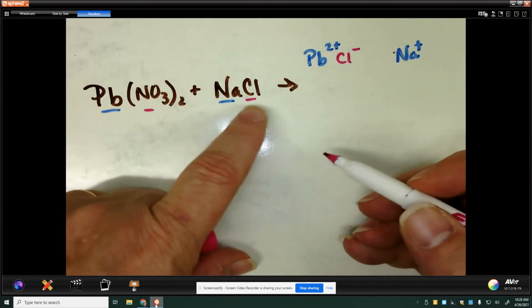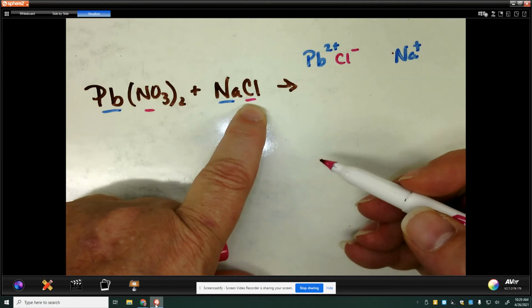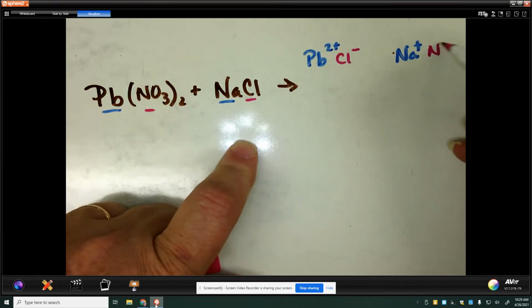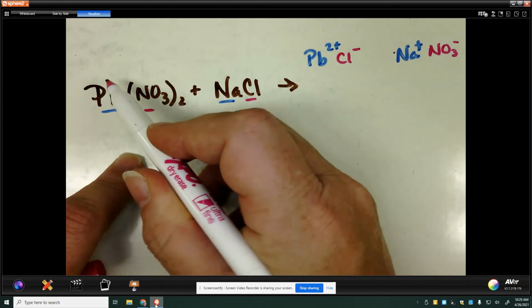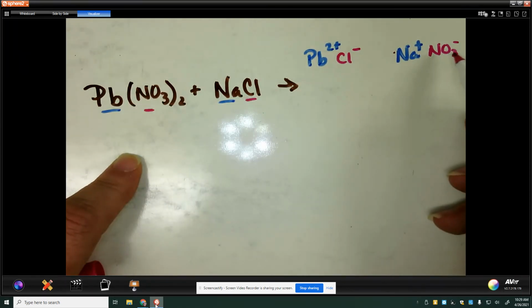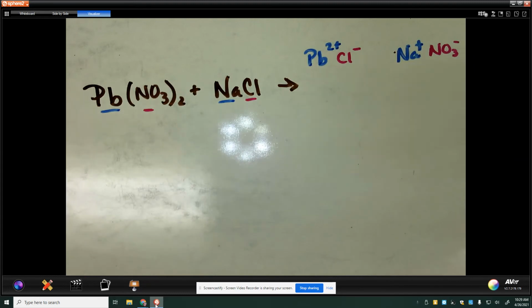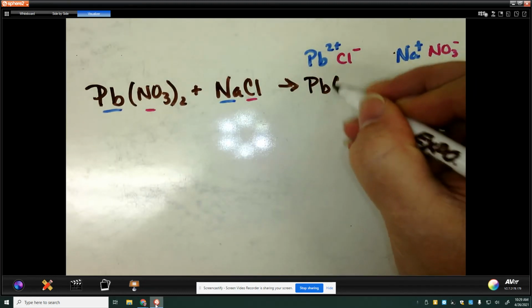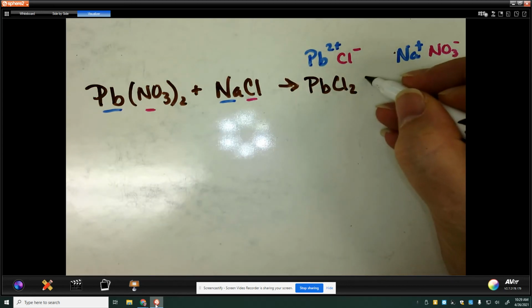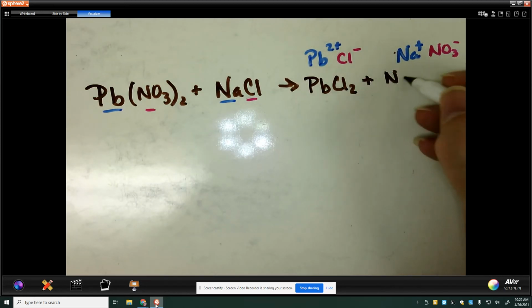And sodium is no longer bonded to chlorine. It is going to bond to nitrate. Now, again, I didn't bring over this 2 because that 2 belonged to lead. I just bring over what a nitrate is. And so I end up with lead 2 chloride and sodium nitrate.